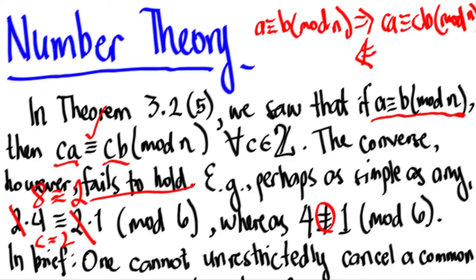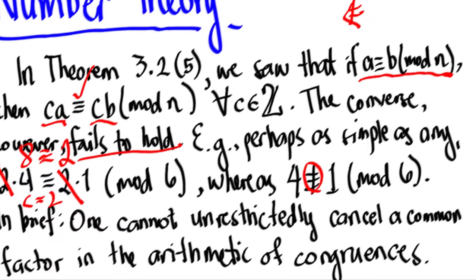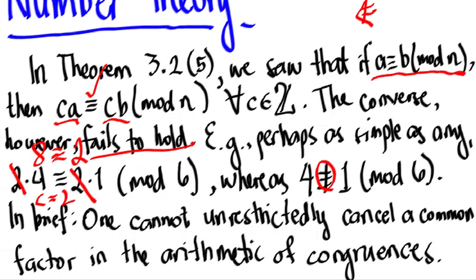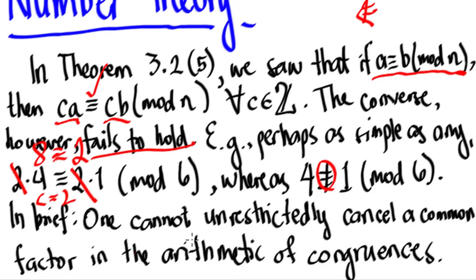In short, one cannot unrestrictedly cancel a common factor in the arithmetic of congruences. So we cannot simply cancel, just like in the arithmetic of equivalence, wherein we can cancel things provided they are common factors of the left hand side and the right hand side.